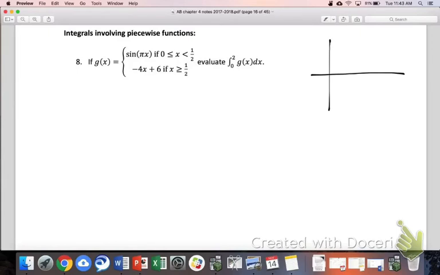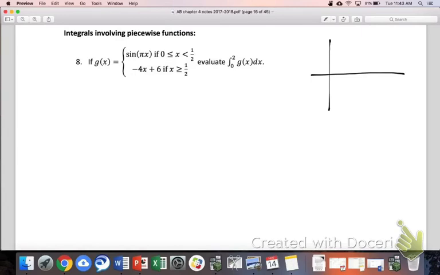Did you guys say it starts high or middle or low? It should start middle. I feel like I just said high, but it should start middle. Cosine starts high, sine starts middle.